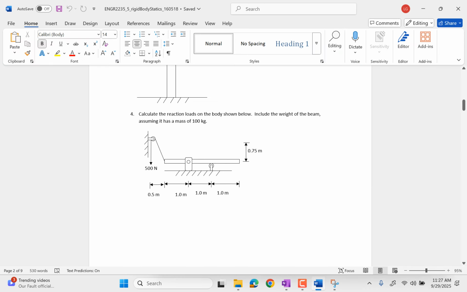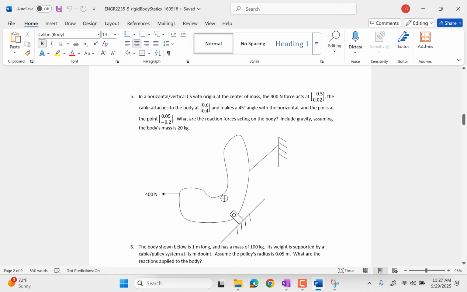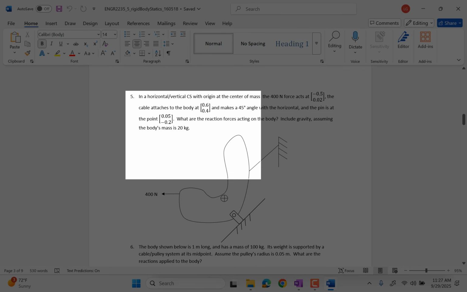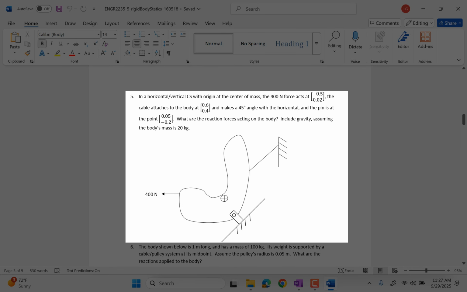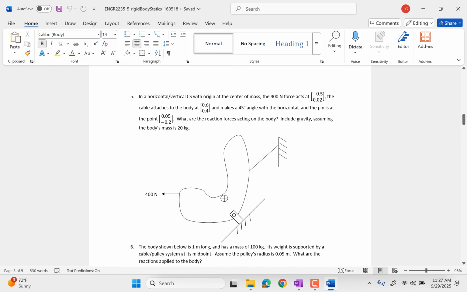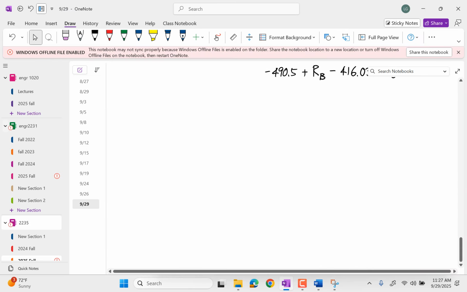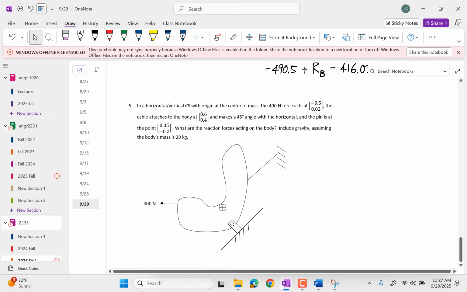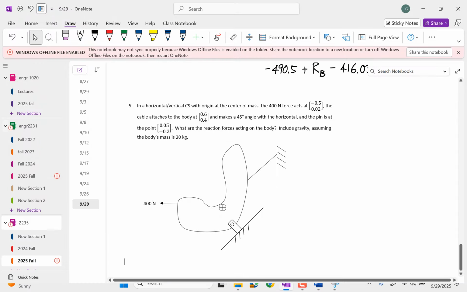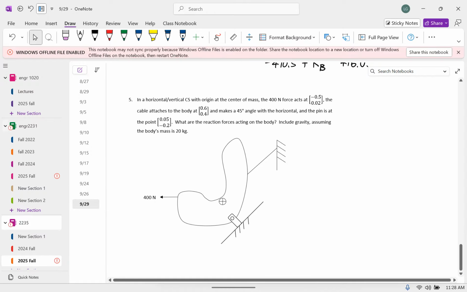Okay, then equation 5. Oh, good Lord. Who makes these problems? Okay, so let's see. We've seen this thing before in the vector review. You had to calculate all these components and stuff.